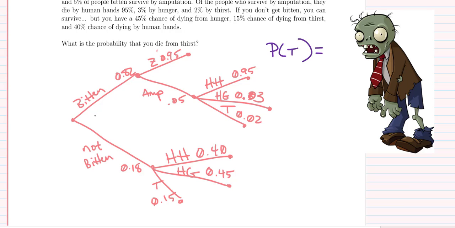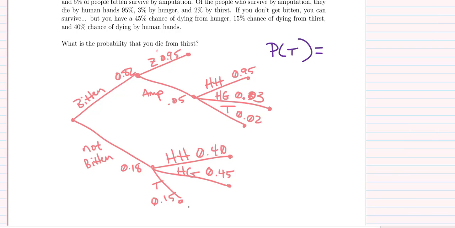So remember that these are independent events, okay? Well, they're sort of independent events. If you're not bitten, you die from thirst. They both can occur, but one does not influence the other. I feel like amputation is definitely influenced by being bitten, but for the sake of this example, let's just assume that they're independent.